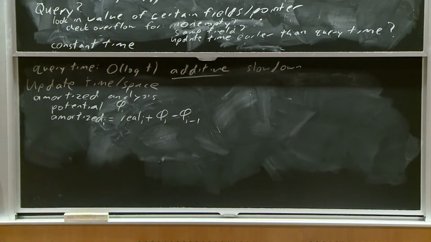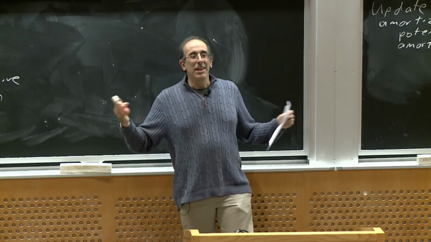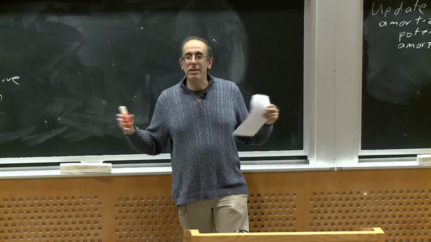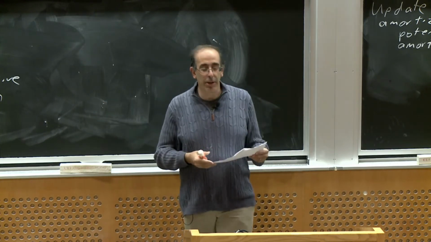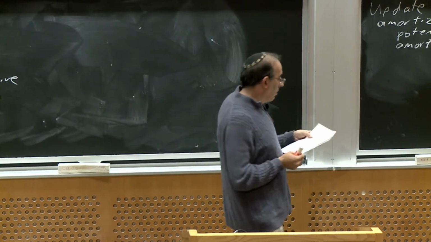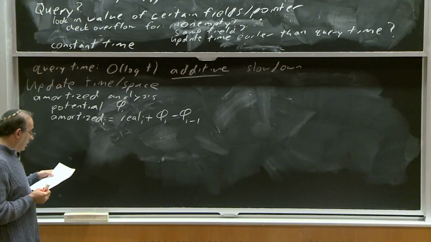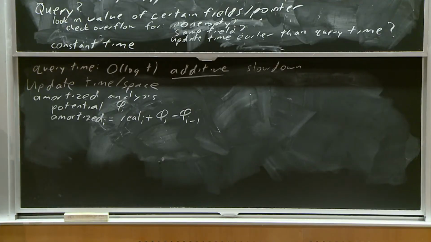And we saw last time that because this telescopes when you add it up, if we bound the amortized cost of a series of operations, we are also bounding the real cost of that series of operations. So all we need to do is define a suitable potential.